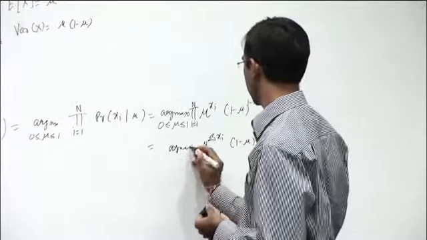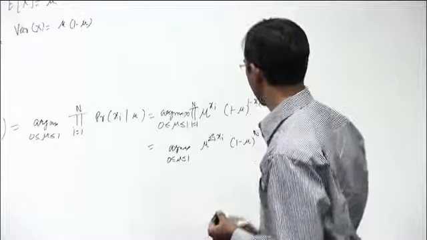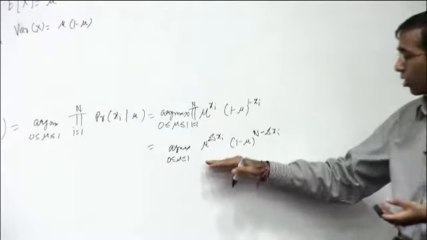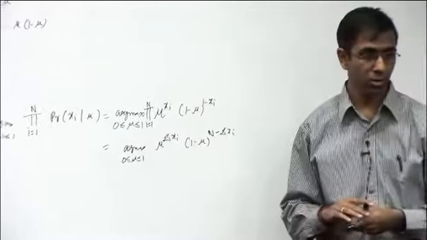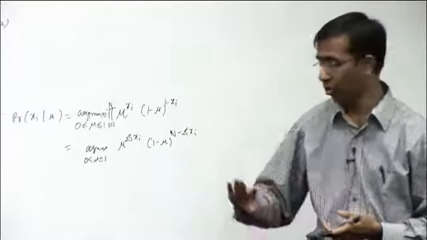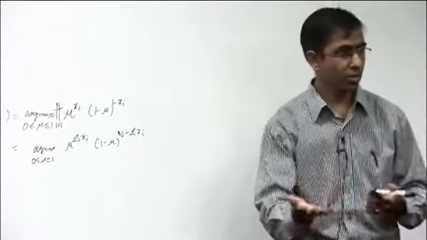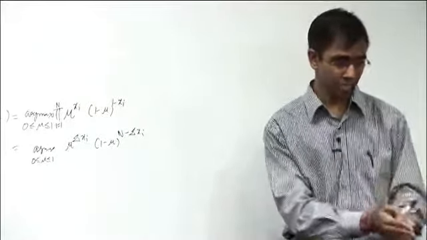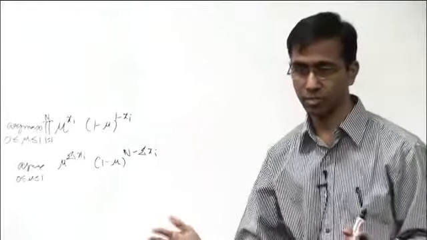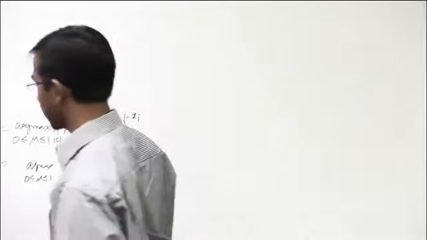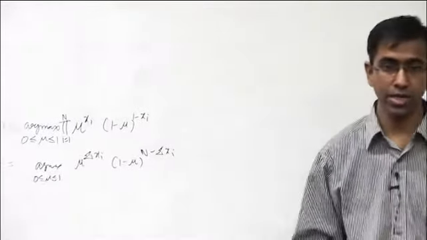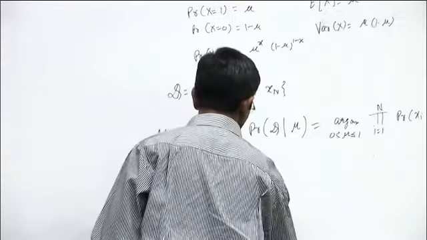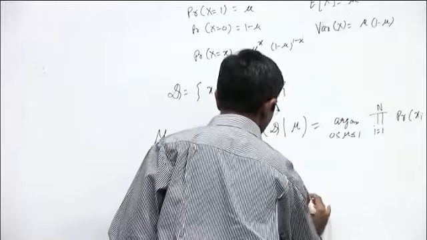I want to maximize it. You can take log of this. Log is a monotonic function, so even if you take log and maximize the resulting expression, the maximizer will be exactly the same. So I can just take log, take the derivative, set it to 0, and what you'll see is that this mu ML comes out to be summation of xi by n.